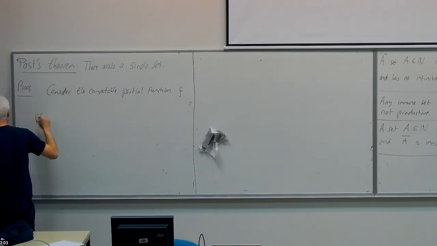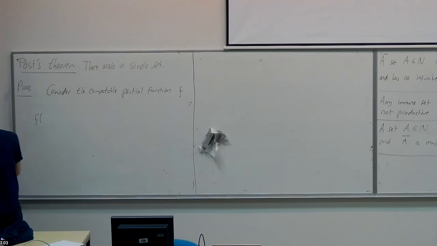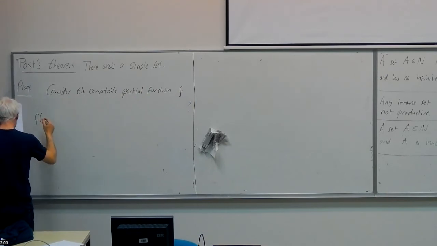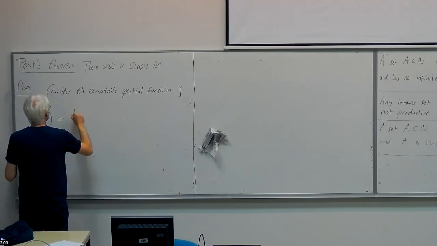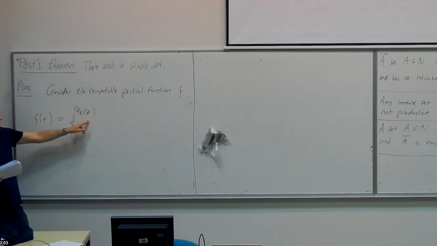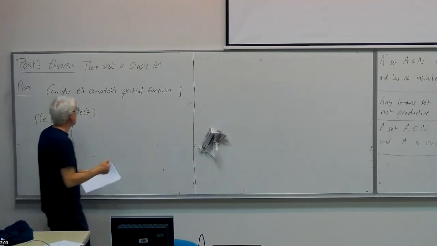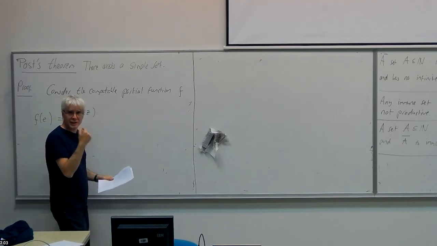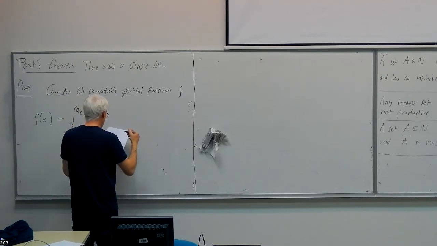F of e is phi e of z. The point is it's going to pick out some element z, and we're going to see what it is, but it's finding some element in the image of phi e. But it has to be a sufficiently high element in the image of phi e.